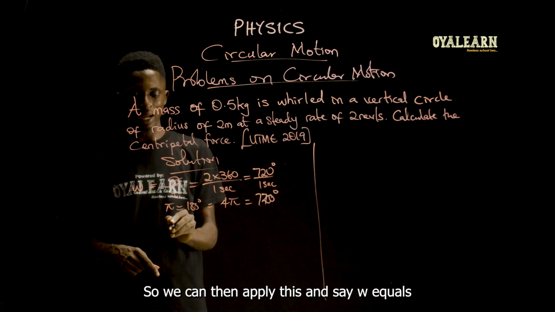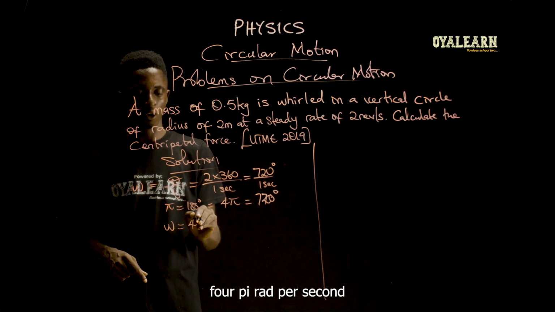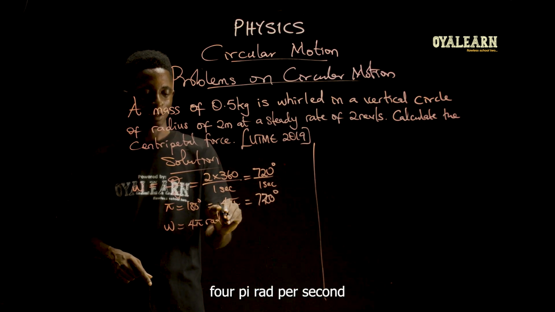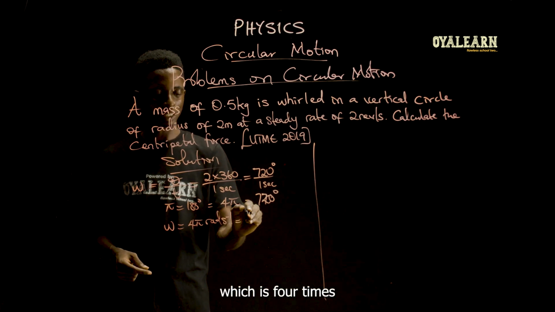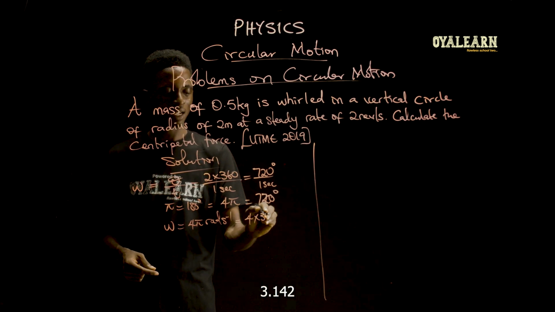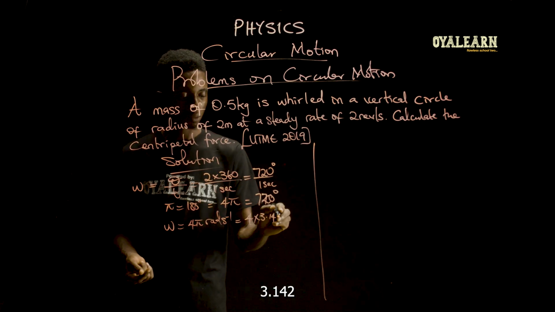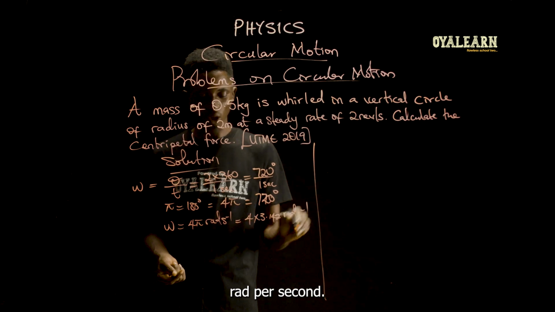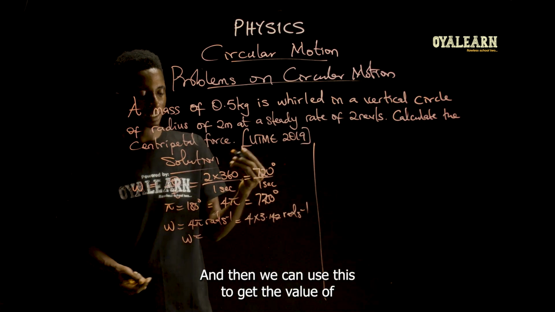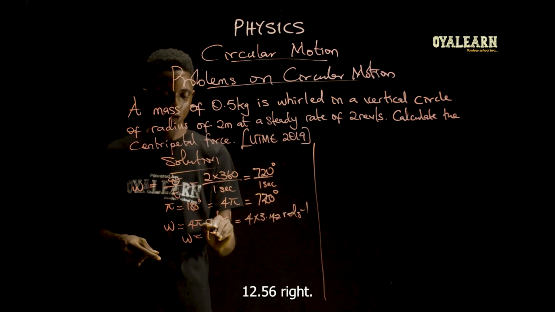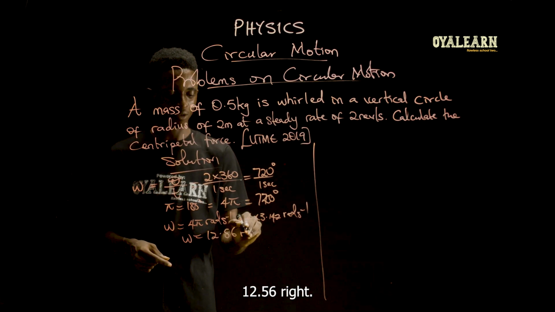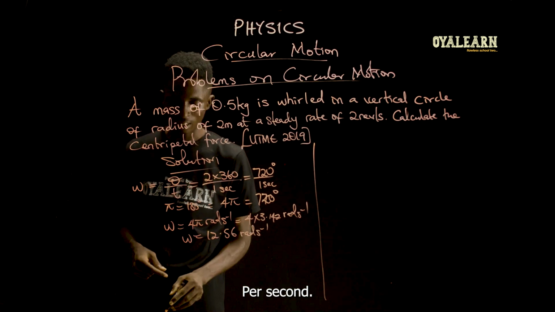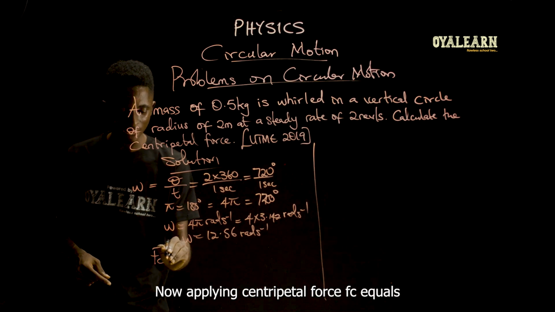So we can then apply this and say W equals 4 pi rad per second, which is 4 times 3.142 rad per second, and then we can use this to get the value of 12.56 rad per second.